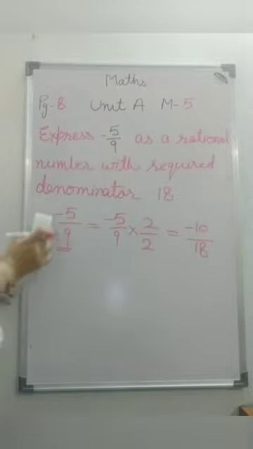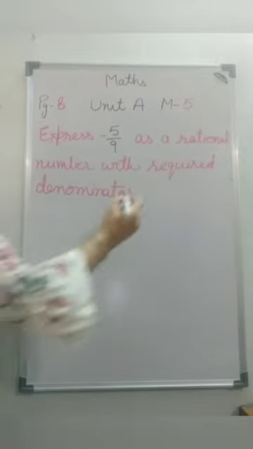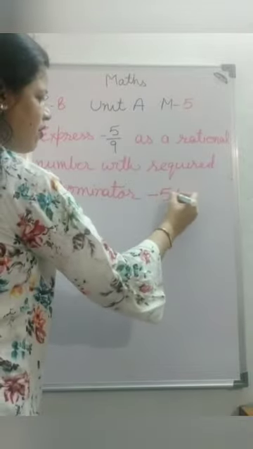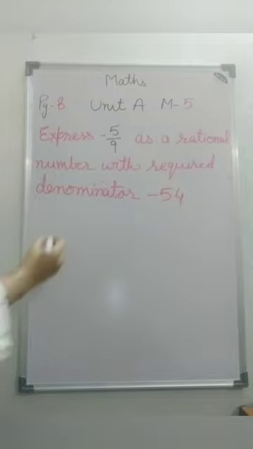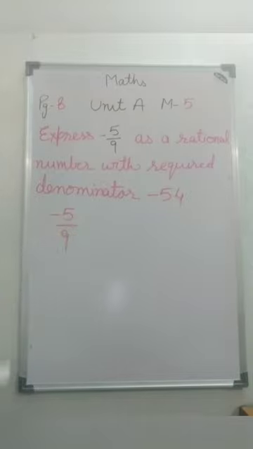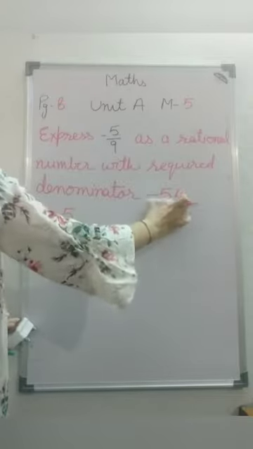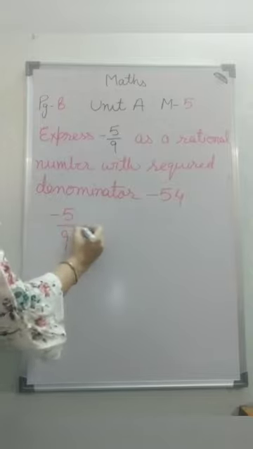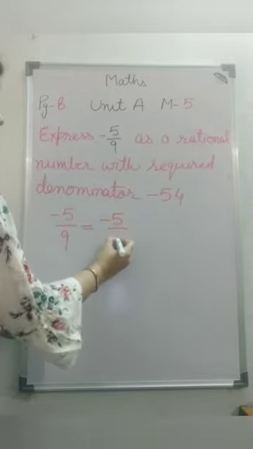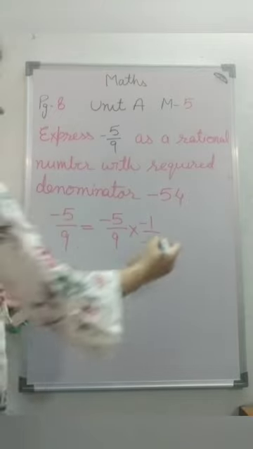Okay, I'm taking one more example. Suppose I want to convert this one into minus 54. Then how do we convert minus 5 upon 9? By which number do we multiply? Just see here, it is a positive denominator and a negative number. First we convert this to a negative denominator.